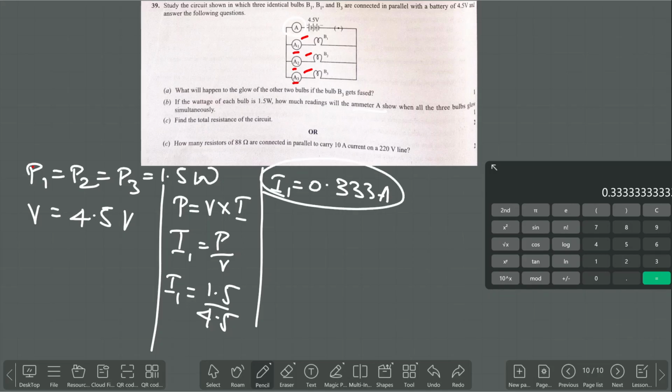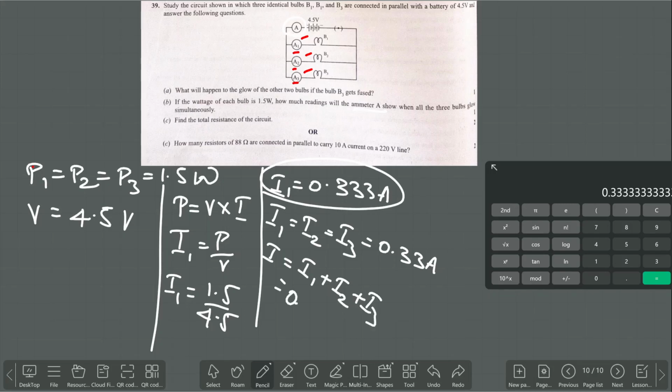Since all the 3 bulbs have the same wattage, whether the current flow will change or remain the same? It will remain the same. So you can just write I1 is equal to I2 is equal to I3. All the three bulbs allow the same amount of current, 0.33 ampere. Now calculate the net current. I is equal to I1 plus I2 plus I3.